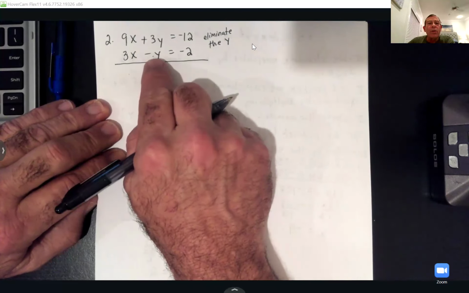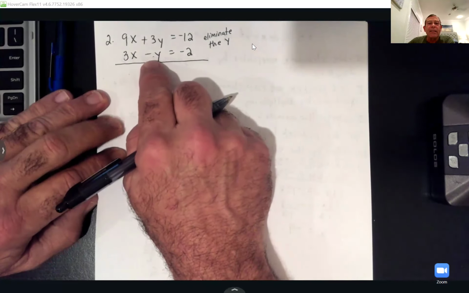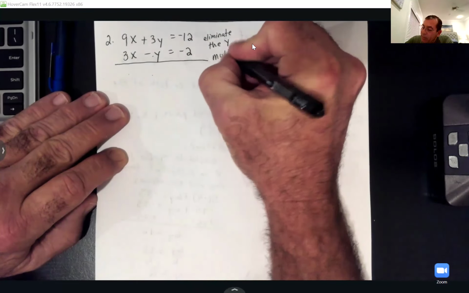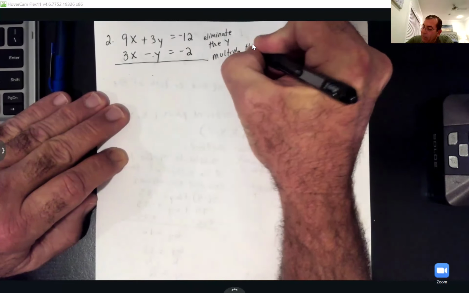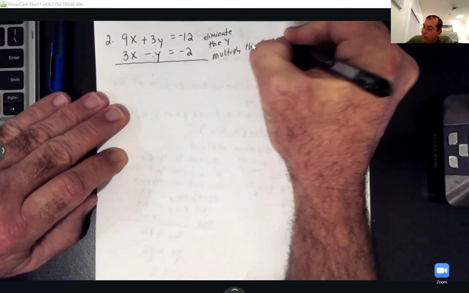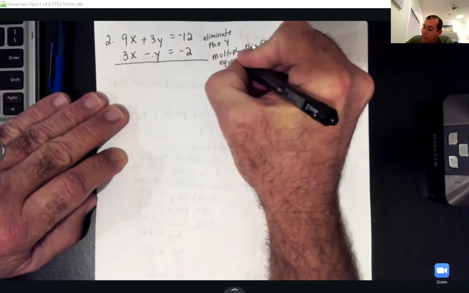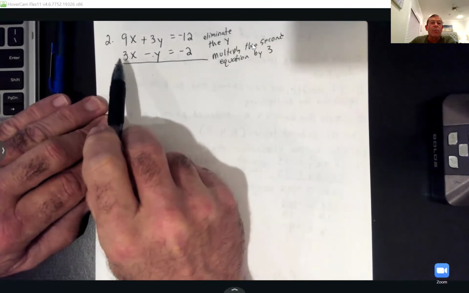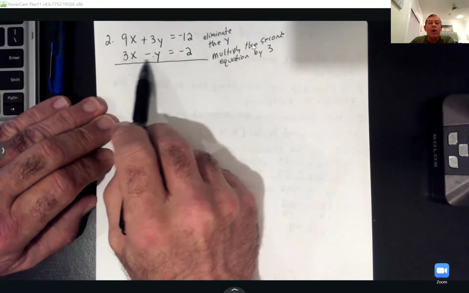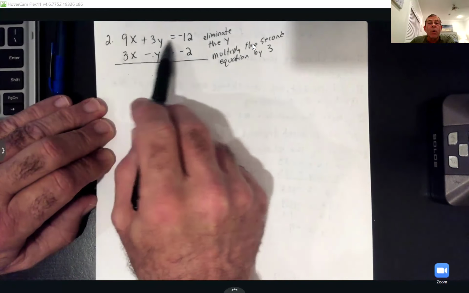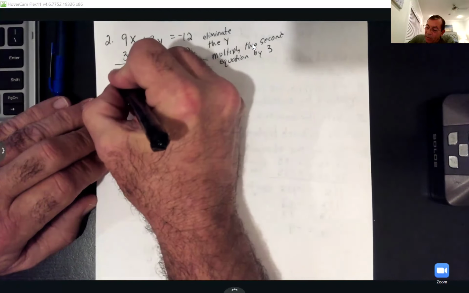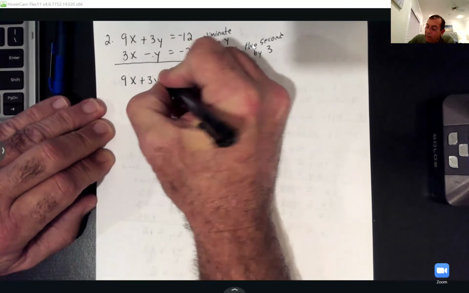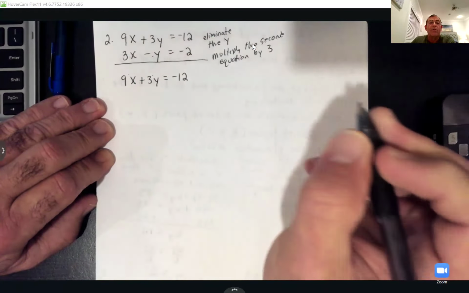What I'm going to do to eliminate the y is multiply the second equation by 3. Now remember, we're going to multiply this second equation by 3 all the way through. So the first equation is going to stay the same. That's going to be 9x plus 3y equals -12.